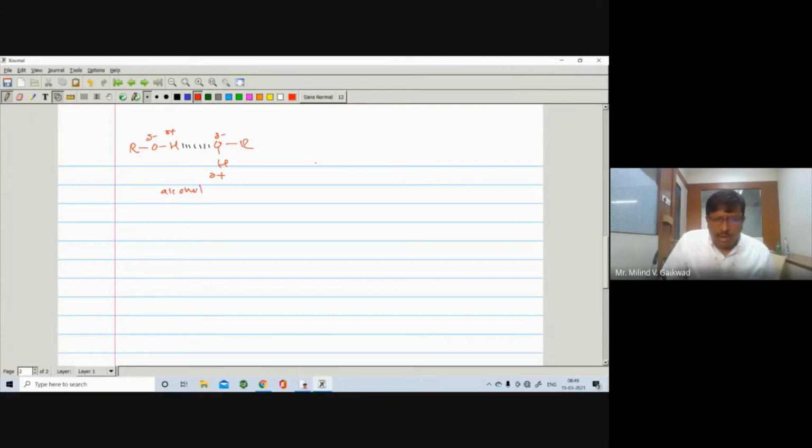If there is a phenol, suppose I write R, and that is your phenol, here also O, H, and also H, O, and here is phenol. Pi bond, pi bond, pi bond. Again, here is a partial negative, partial positive, partial positive, partial negative.